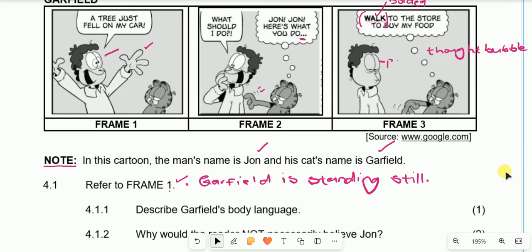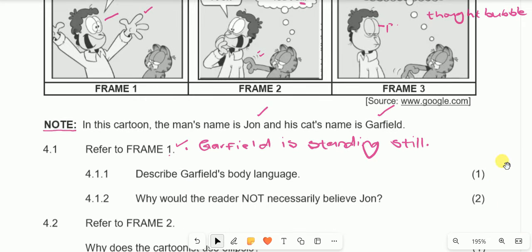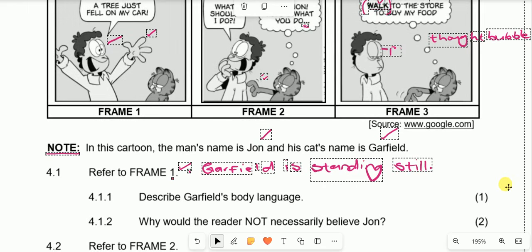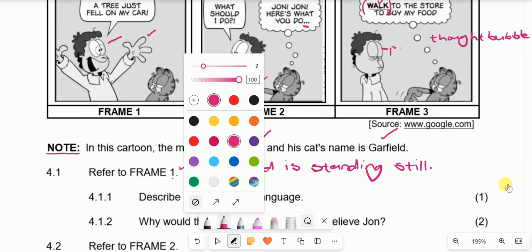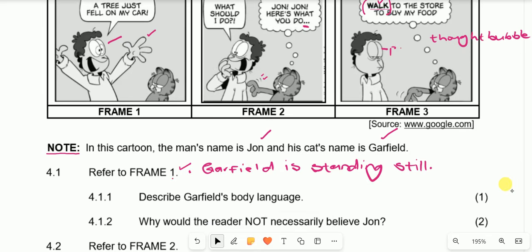And then 4.1.2, it says, why would the reader not necessarily believe John? Remember, we are still on frame one. Why would the reader not necessarily believe John? This boils back to what I've just said, that once you have interpreted the cartoon accordingly, like I've shown you, studying the words as well as facial expression, already you've got the answers to the questions.